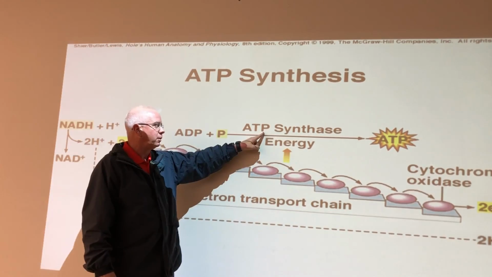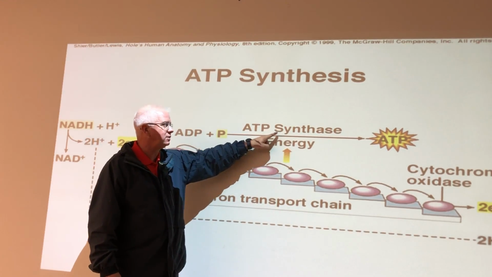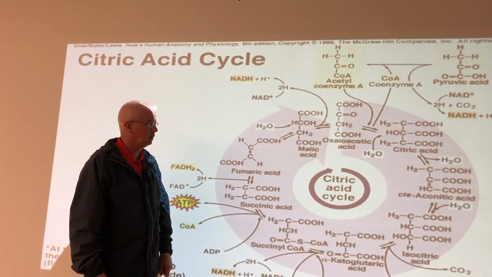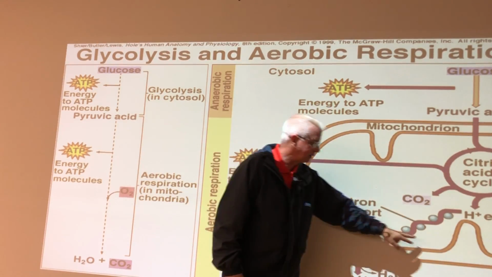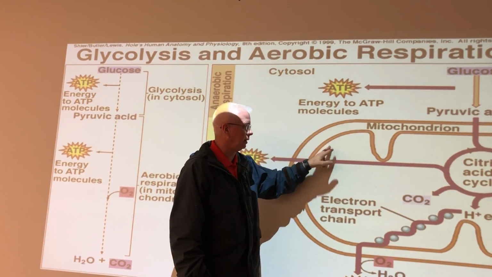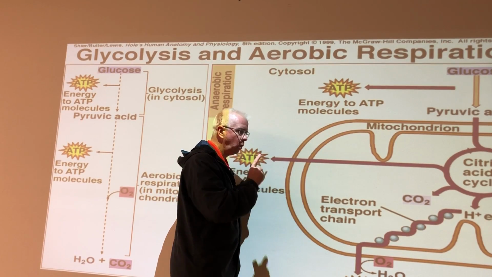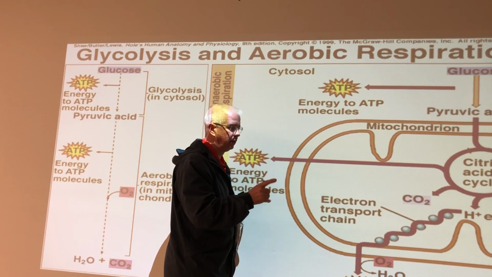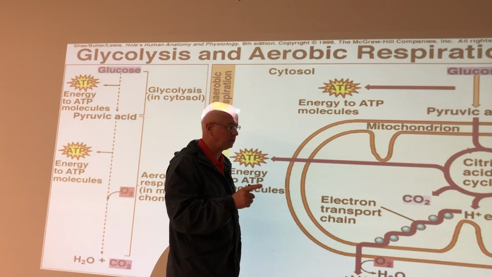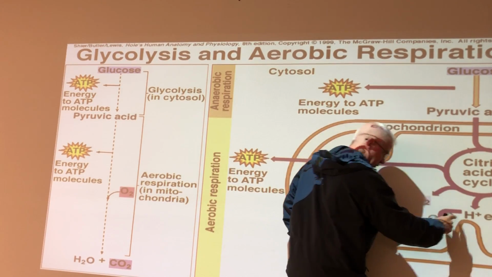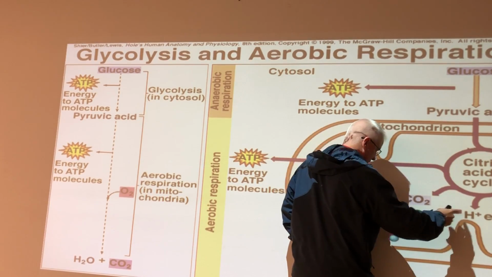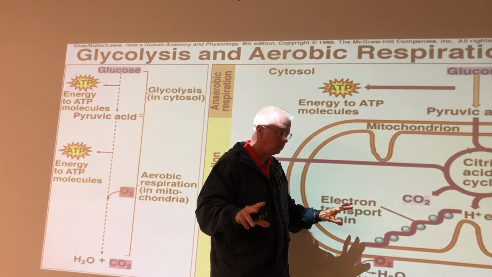So notice the presence of a protein enzyme here called ATP synthase. All right, so in this picture, this electron transport chain is in this inner membrane, okay? So what is actually happening as these oxidative reduction reactions occur is the protons from those coenzymes are separated from their electrons.